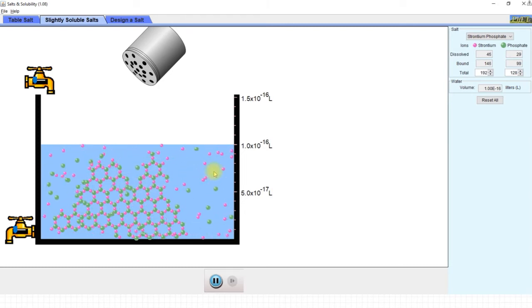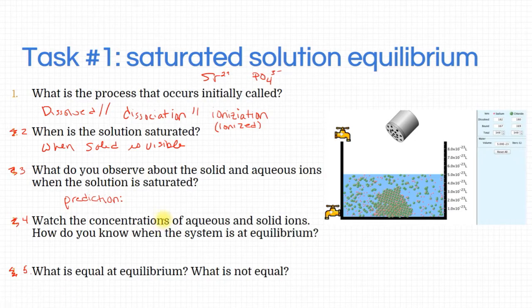They can go back and forth. But on the level of the entire sample, we always have around the same number of dissolved ions. It doesn't change dramatically. So what this tells us is if one of them precipitates, another one at the same exact moment has to dissolve. Those are the two processes happening. So you can think of this as an equilibrium reaction.